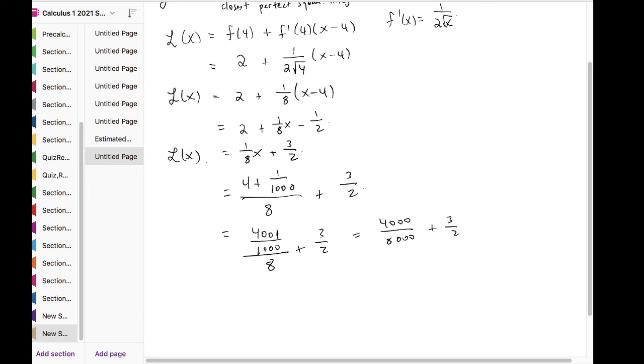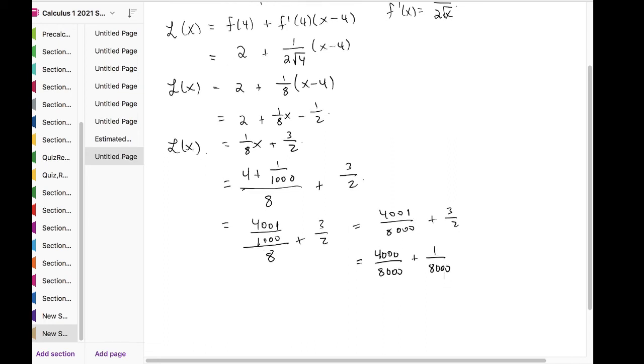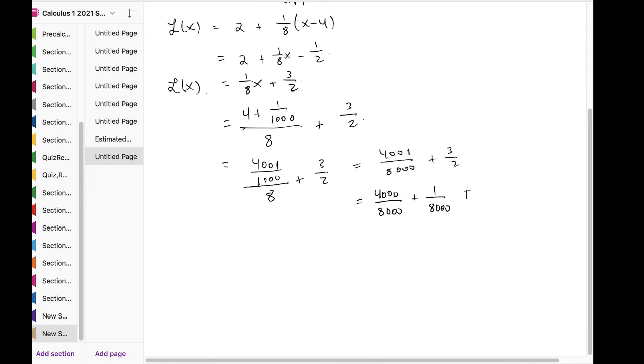So it's almost really nice. Okay, so what we can do is express this as 4,000 over 8,000 plus 1 over 8,000. You agree that that's the same thing? Just to make it easier to look at.